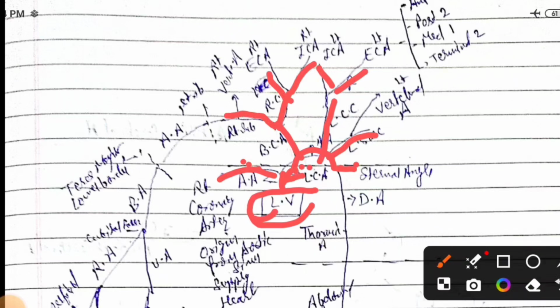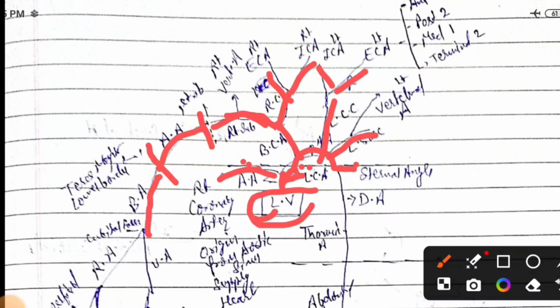Let's move towards the subclavian artery. From the brachiocephalic trunk on the right, from the first rib border, the same artery continues but is called the axillary artery, up to the teres major lower border. After that, the continuation of the artery is considered the brachial artery. Arm is also known as brachial.